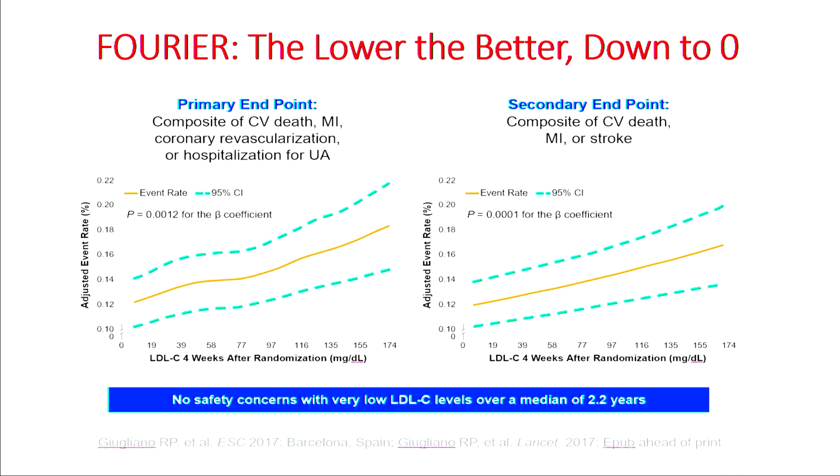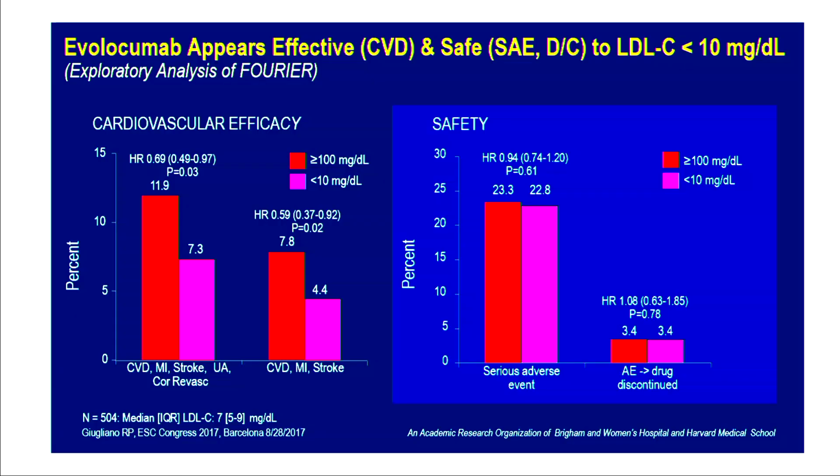This is really important information because when I was a cardiology fellow, it was thought that once you get below 70 it sort of seems to plateau. The lower you go, it doesn't seem to matter that much more. You can't really do much better. These data would argue that the lower you go, the better. And it was very safe to do that over 2.2 years.